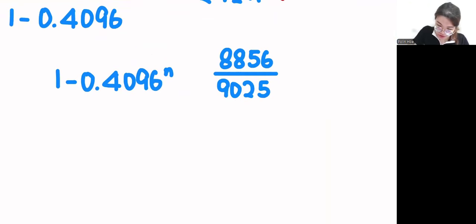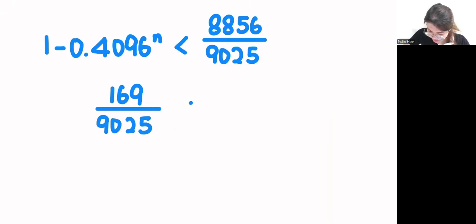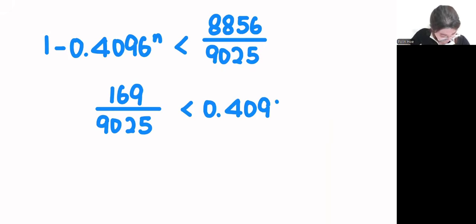And I need to make sure the term with n is positive, so I move. I got 169 over 9020 is 0.4096 to the power of n.